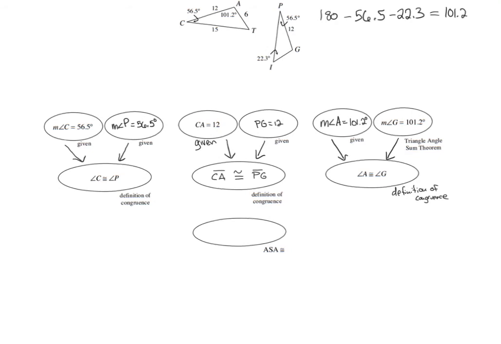Now we finally have all our pieces defined so that we can say that these triangles are congruent. So we have all three of these pieces coming together, and we can say that triangle CAT is congruent to triangle PGI because of angle-side-angle congruence.